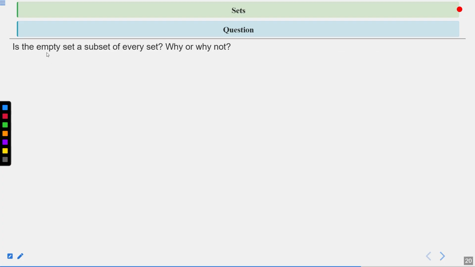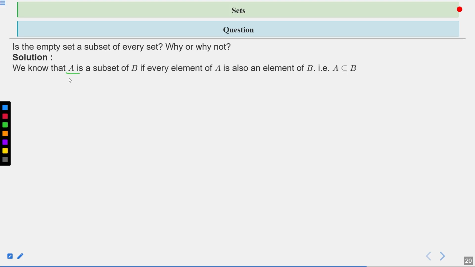Next, is the empty set a subset of every set? Why or why not? Simple. We know that a set A is a subset of B if every element of A is also in B. That is, A is contained in B. The empty set has no elements. Let A be the empty set and B any set.